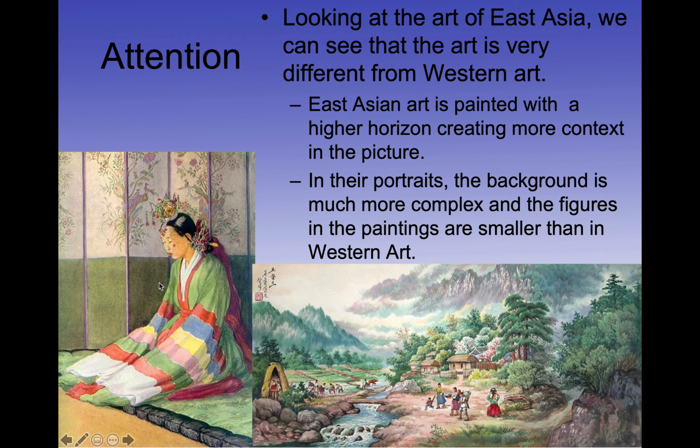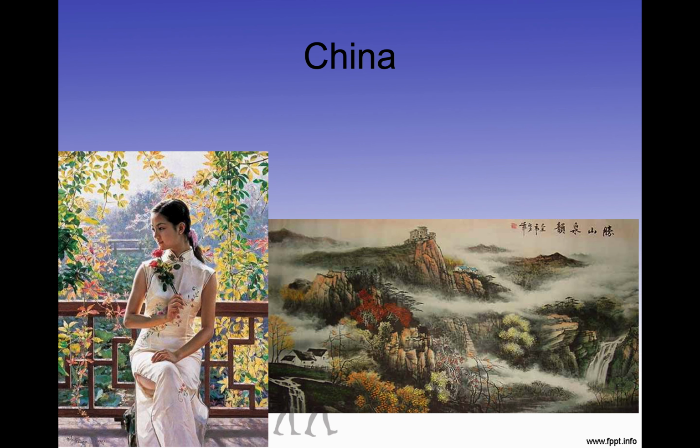And of course, here's a Chinese picture of a woman sitting and meditating, and as you can see, we get to see what's behind her as well as see her. And of course, the same thing. This is a photograph from China, and as you can see, it's very complex. This is another picture painted. This is Japanese, I think.